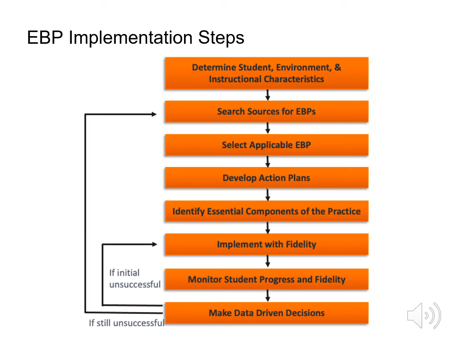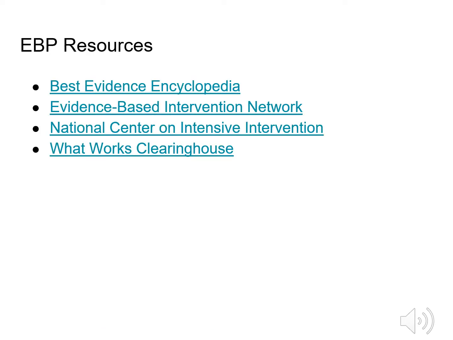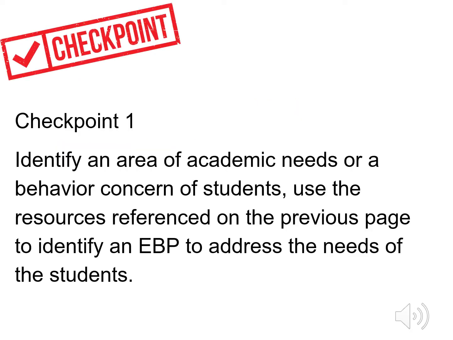The flow chart describes the steps of implementing evidence-based practices. The steps are described in more details in the remaining submodules. Listed here are websites from which you could locate evidence-based practices to support the behavioral, social, and academic needs of students.